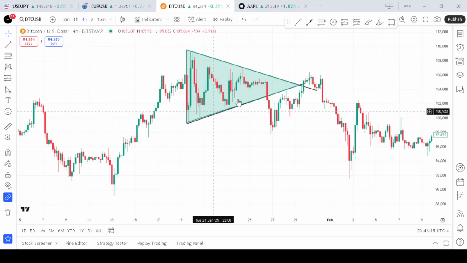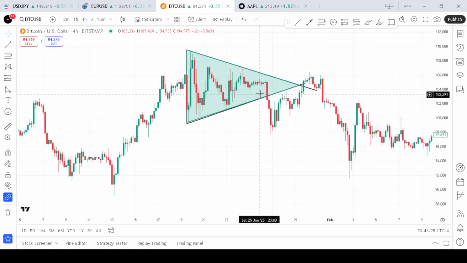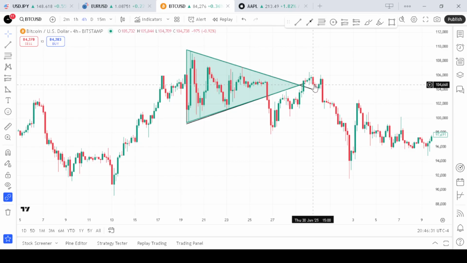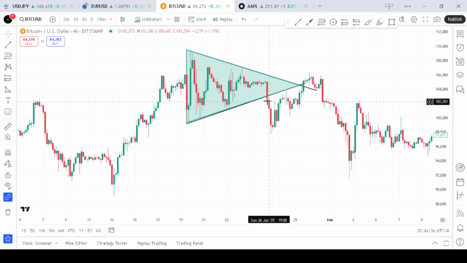There are lower highs on the upside and higher lows on the downside. So how you trade this pattern, you wait for price to break out of either side, either the upside or the downside. You enter your trade in the direction of the breakout when the candle closes beyond the trend line.